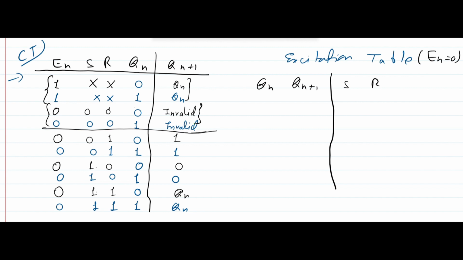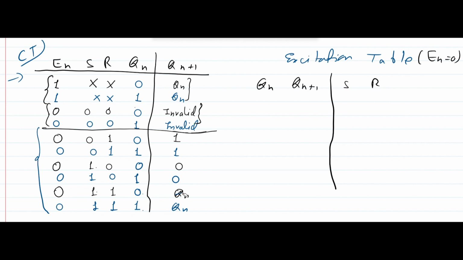Now the remaining cases are these only, and here for this 1 1 case I am having Qn. Qn plus 1 is Qn, so where Qn is 0, this Qn will be replaced by 0, and where Qn is 1, this Qn will be replaced by 1.